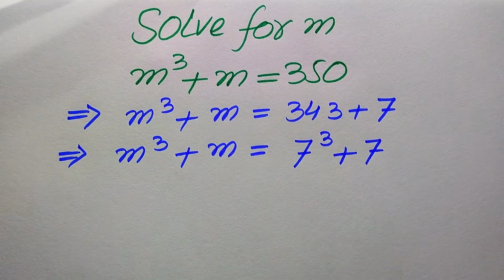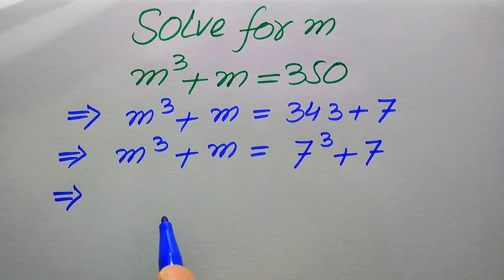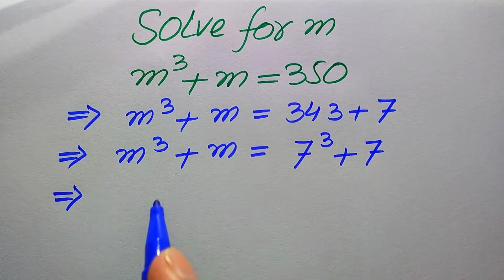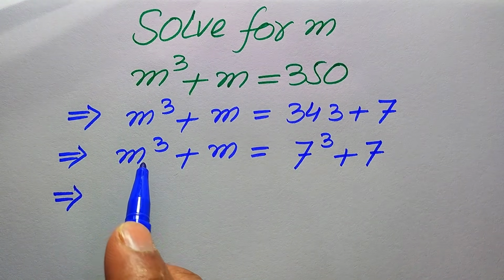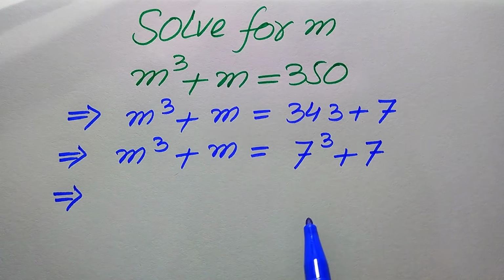And further, in the next step, we move both terms from the right hand side to the left hand side, and here we make the pair of m cubed with 7 cubed, and we make the pair of m with the 7.